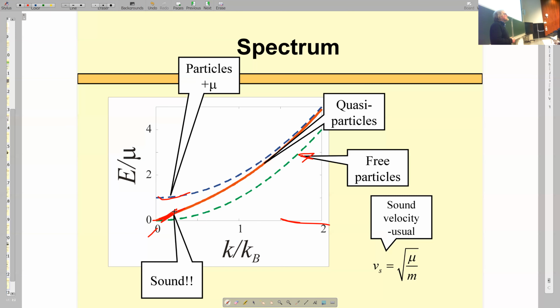It signals waves without dispersion. Light is an example. For light, frequency is just proportional to k. Another example is sound. If you talk about acoustics, about propagation of sound in condensed matter systems, fluids, whatever, that's the same dispersion law.